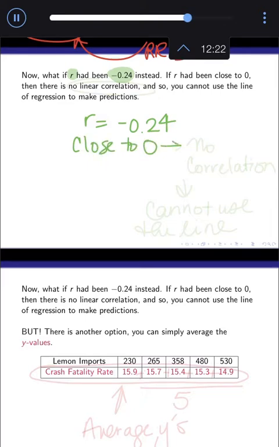So you'd say that there is no correlation, and you'd say, well, then I definitely cannot use the line. So if there's no linear correlation, why would you use the line? So what do you use if there's no linear correlation, meaning you cannot use the line that you came up with?